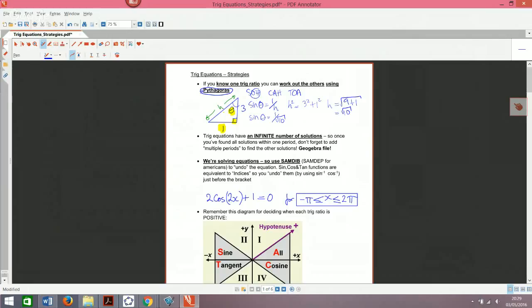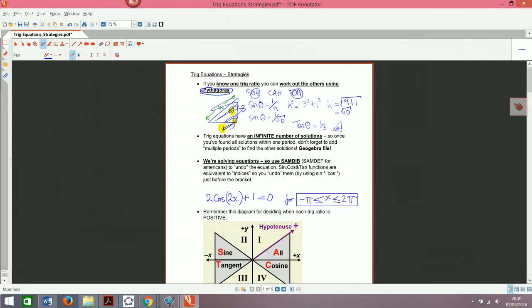So if a question had told me, hey, I'm going to be a bit tricky, and let's say they didn't show you this triangle, and they just told you that tan theta was equal to 1/3. Remember, tan theta is opposite over adjacent. So the 1 must be the opposite, and the 3 must be the adjacent. You could have quickly sketched the right angled triangle, chosen theta to be wherever you like.